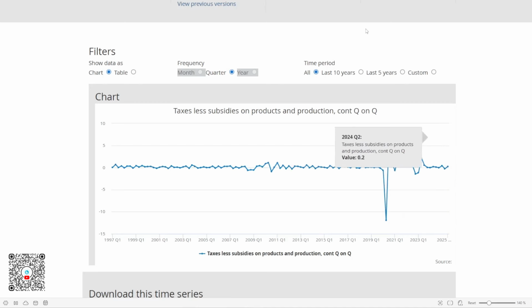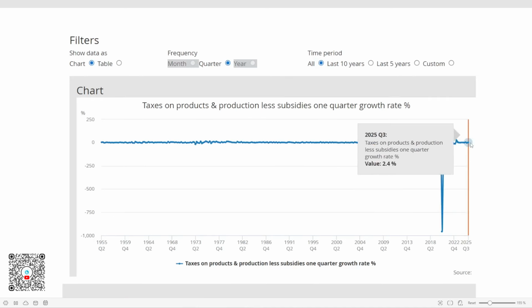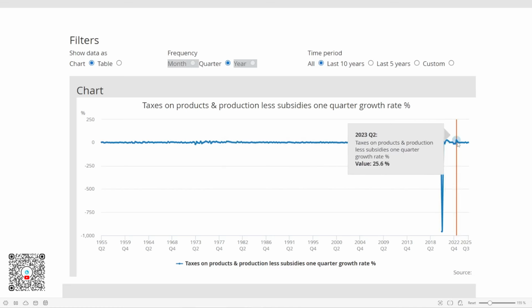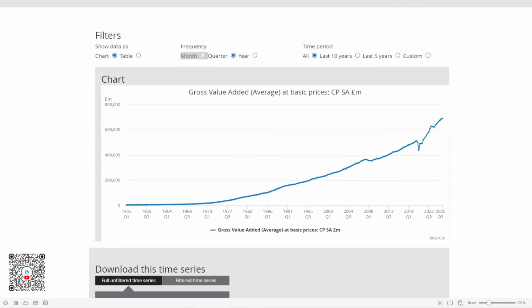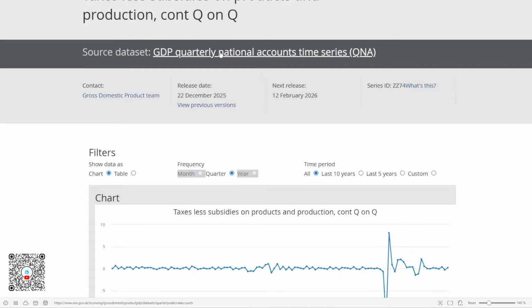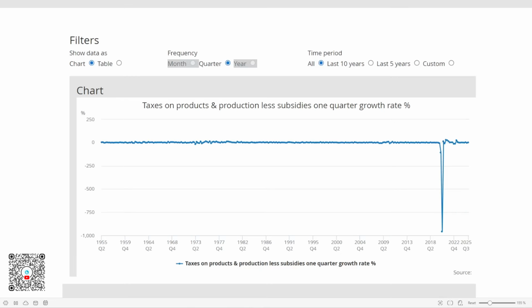I hope you understood what I'm saying. So basically the average of this time series, which is taxes on products less subsidies, is the sum of the average of GVA plus this one, which is from the quarterly national account.